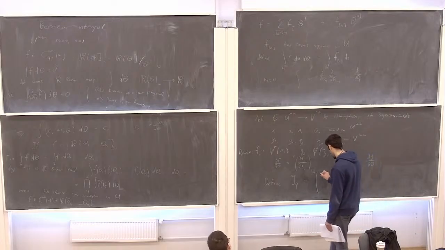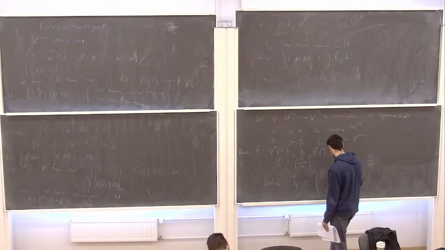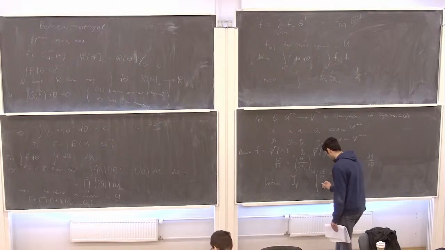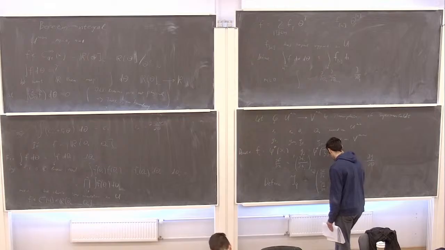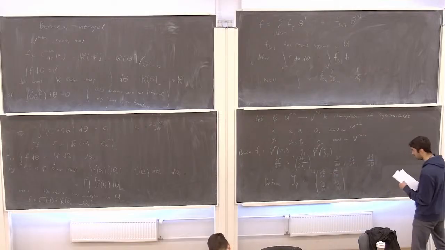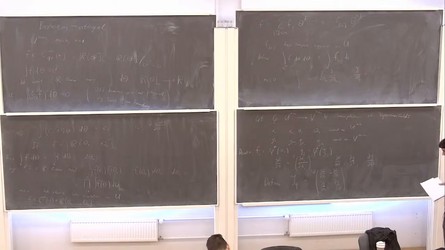So there will be df over dx here, then df over d theta, but here I have to put a minus sign. Then dg over dx, dg over d theta.